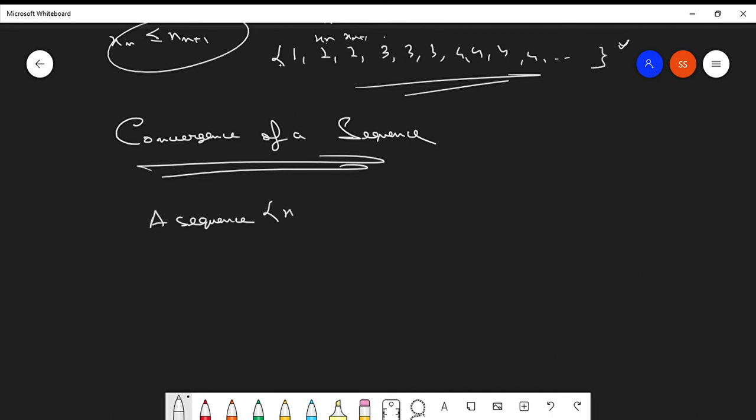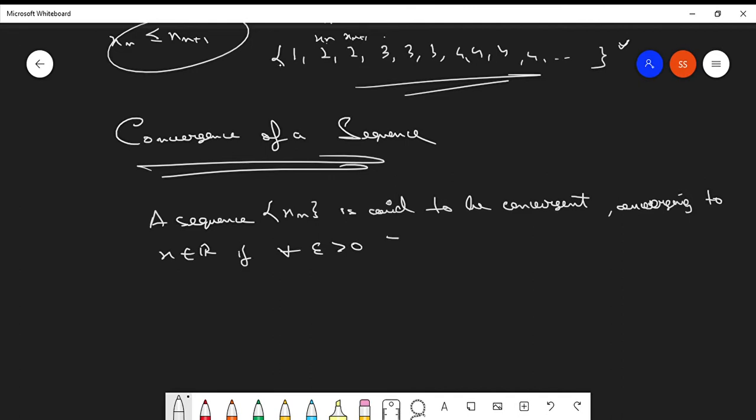a sequence xn is said to be convergent, converging to x belonging to R, if for all epsilon greater than 0 there exists some n naught belonging to the set of naturals such that for all n greater than n naught, the mod of xn minus x is less than epsilon.